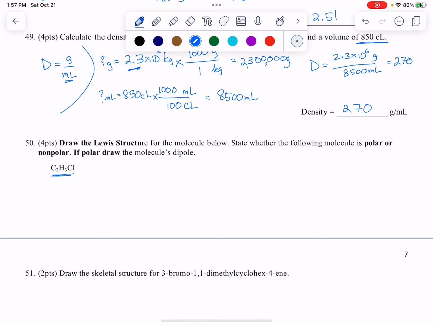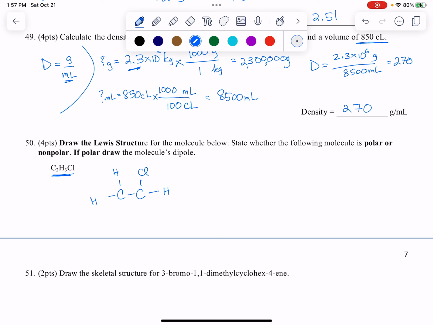C2H3Cl. This is a carbon-carbon bond. You have 3 hydrogens and 1 chlorine around them. And so the 2 hydrogens would be on this carbon. A hydrogen and a chlorine would be on this other carbon.